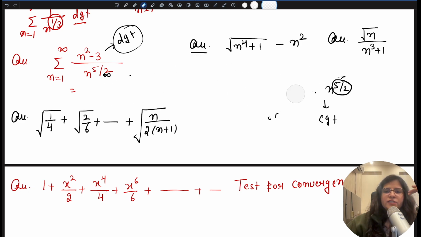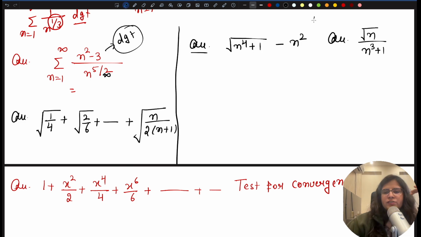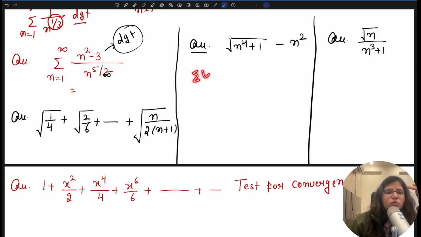So actually, based on the p test we have a comparison test. है ना. What does the comparison test say? Let's suppose the summation un convergence has been asked of us, so we will compare this to the summation 1 by n to the power p.